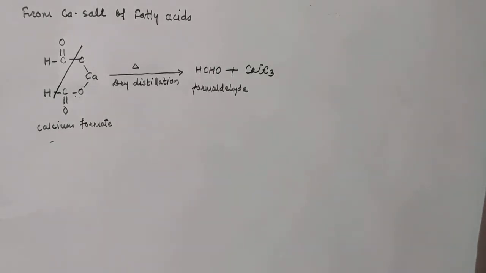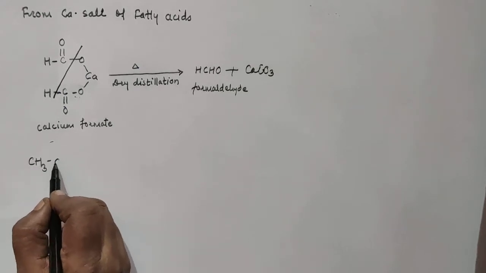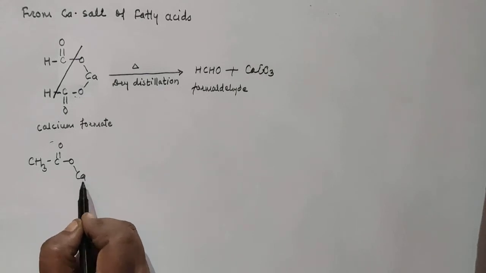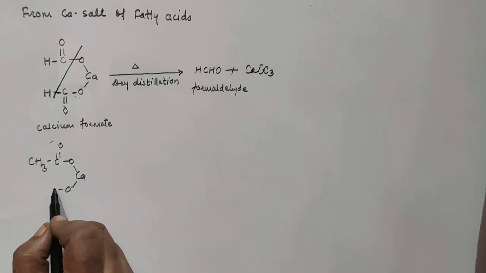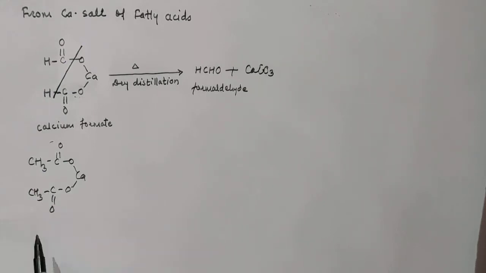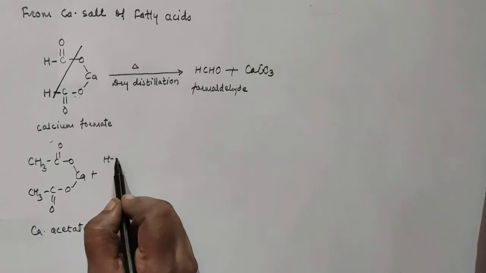We'll take one more method in which CH3COO Ca OOCCH3. This is your calcium acetate. The hydrogen atom of acetic acid is replaced by calcium in calcium acetate and calcium formate.